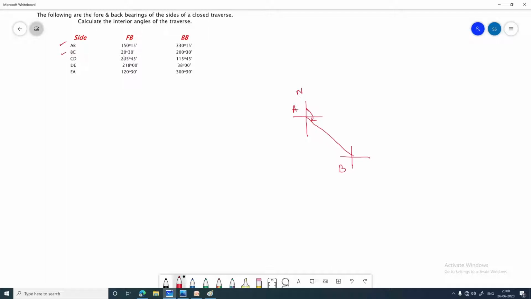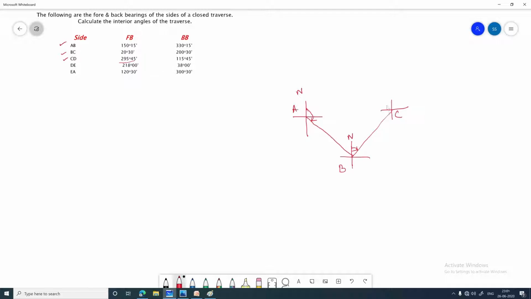Now BC, the fore bearing of BC is 20 degree 30 minutes. So this one is 20 degree 30 minute, and this is C. Now CD, the fore bearing of CD is 295 degree 45 minutes.